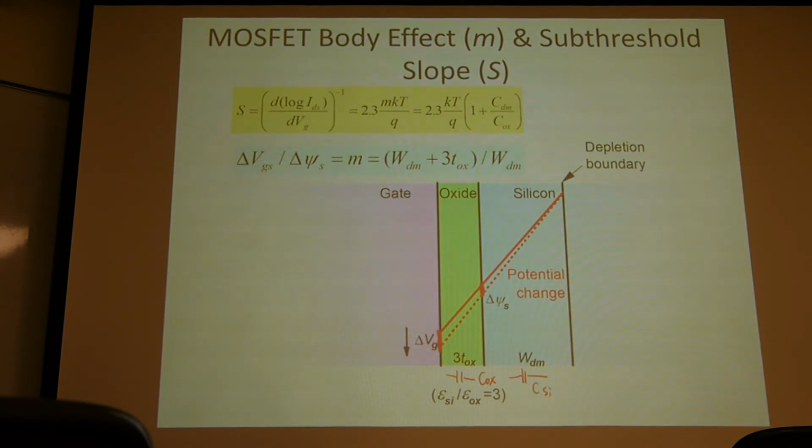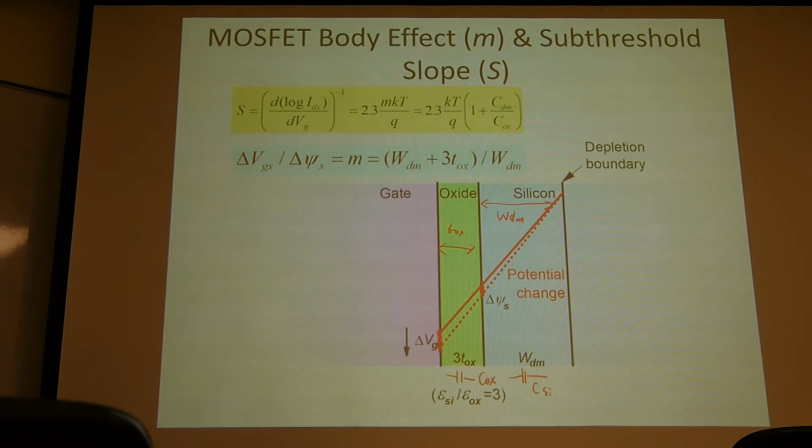So the voltage divider, and then you see those two caps, and then you consider the thickness of the oxide, and then the W_DM, the depletion width of the fixed charge or the dopants in the silicon. So then the capacitance, actually is determined by the thickness and also the epsilon, the dielectric constant.